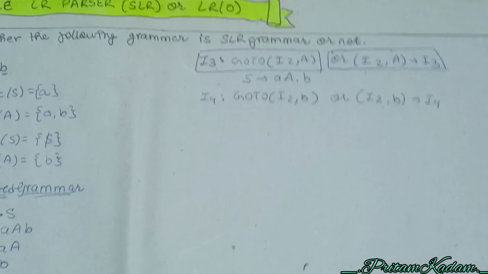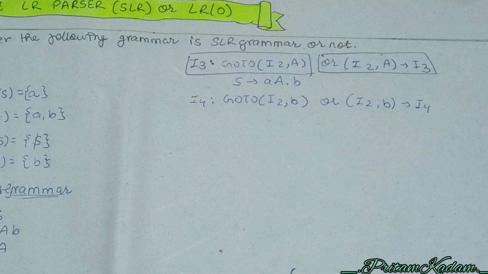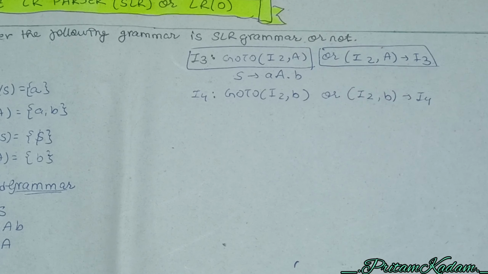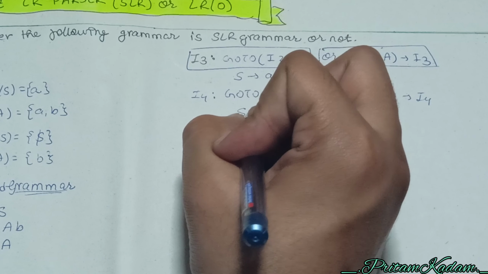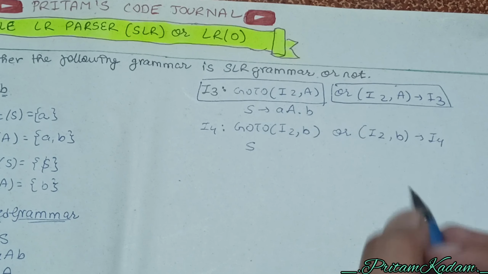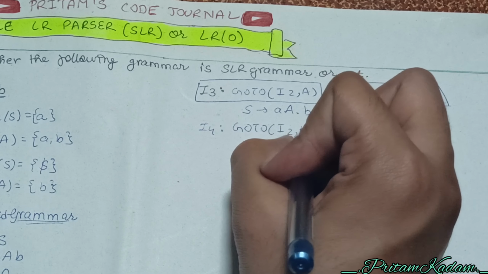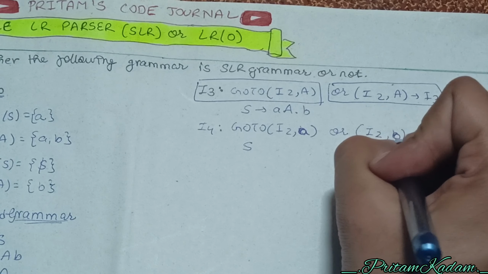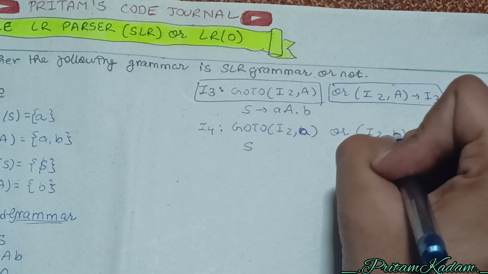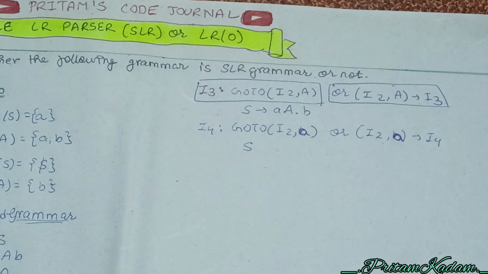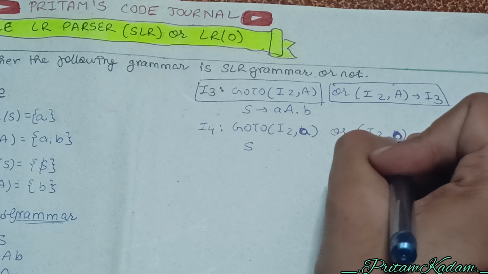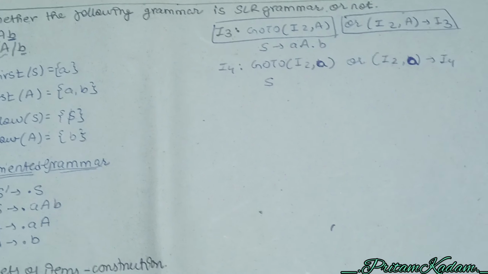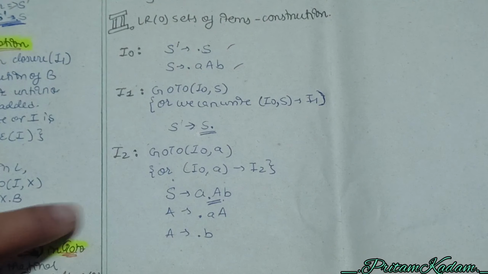You don't have to write both of these, just write one of them, that is enough. So let us write this down, and let me change this and we will go step by step. As we have written the A production, A gives small a capital A, I will first of all do the state for small a, which is A gives a dot capital A.